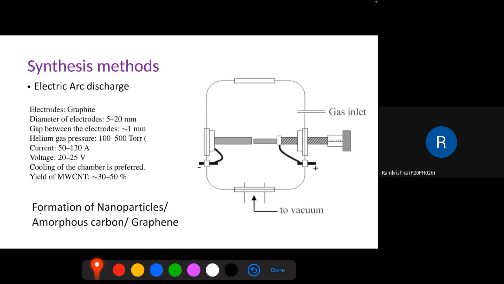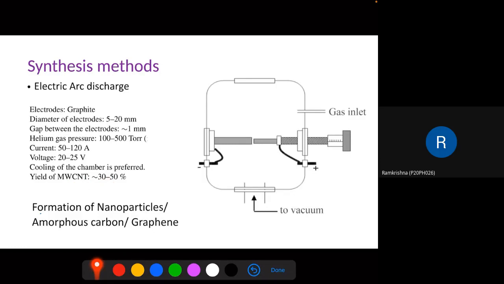And in this technique you have to create a high vacuum and then you have some inert gases. In the beginning helium was used. And as you can see here, you get like 30 to 50% of multi-wall carbon nanotube.